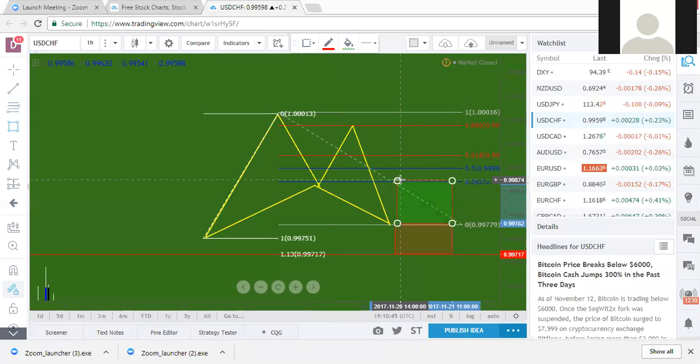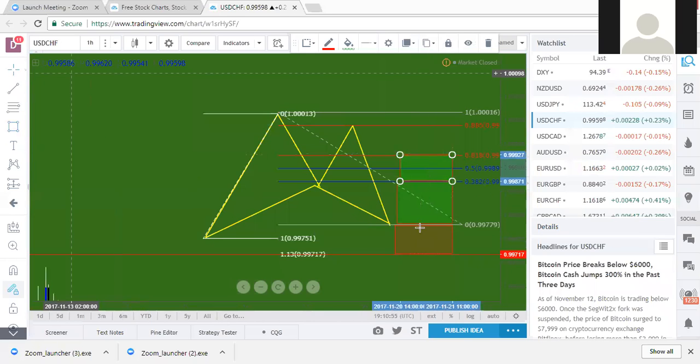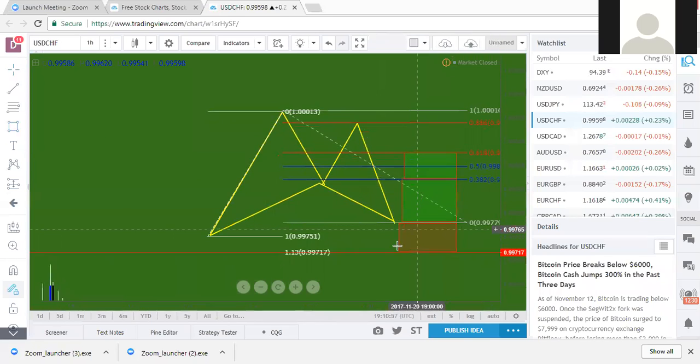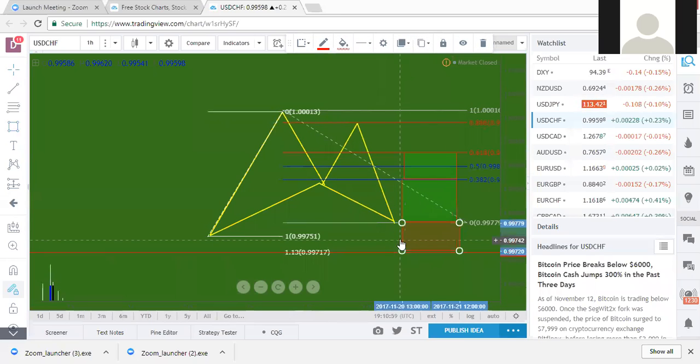Second target being at the 618. As you can see, risk to reward will be almost at least 2 to 1 every time if the bat pattern is traded correctly.